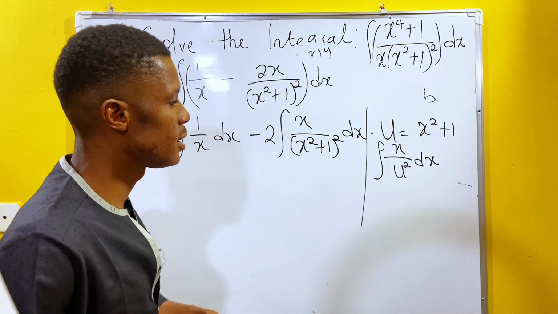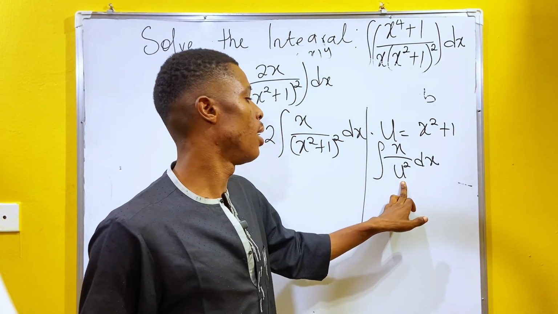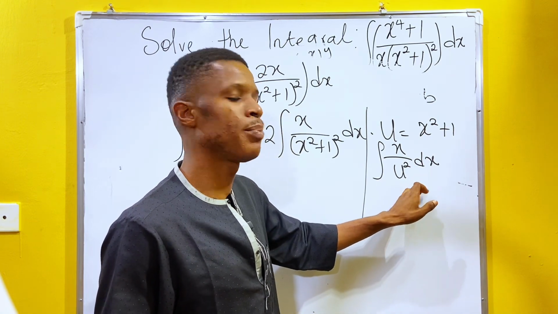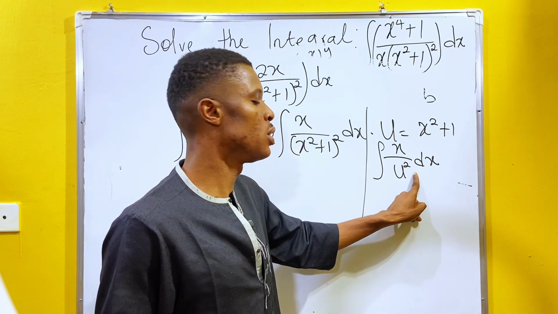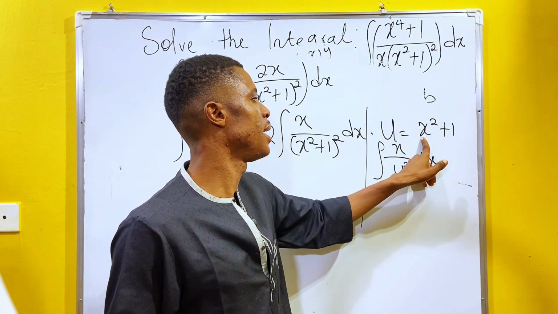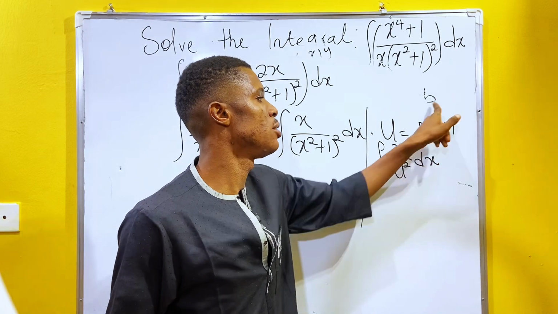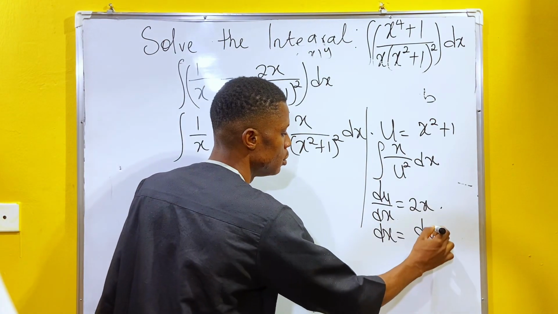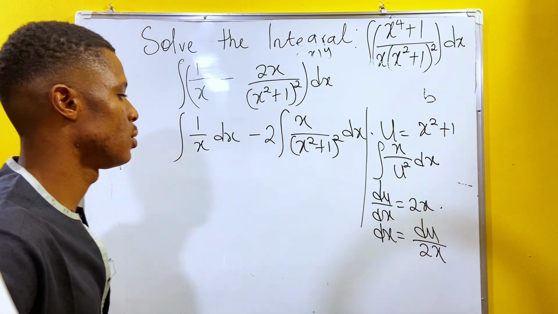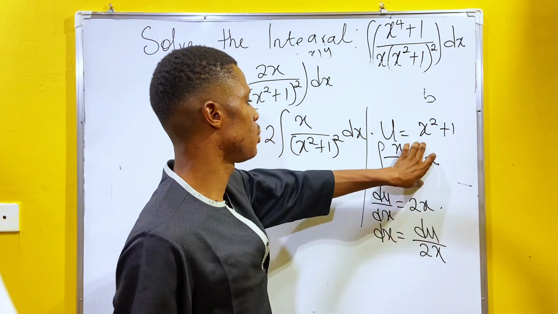But we need to integrate this function with respect to u. Since u is in terms of x, we are going to find du by differentiating u. So du over 2x, from this particular expression, we are going to take this and put it here.